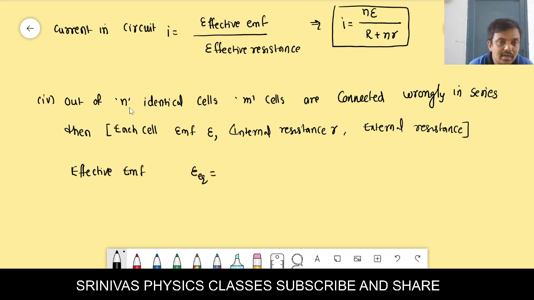There are n cells. Out of those n cells, m cells are wrongly connected, right? For example, we are taking this one.